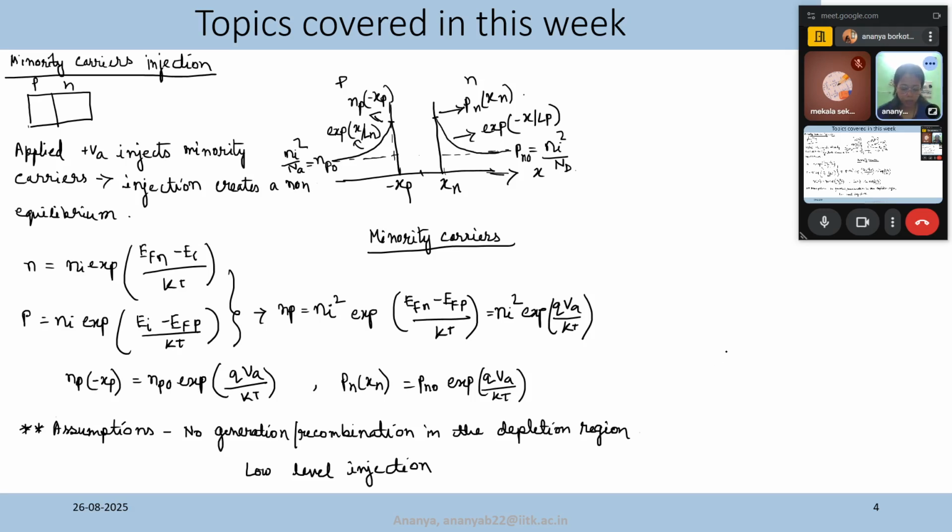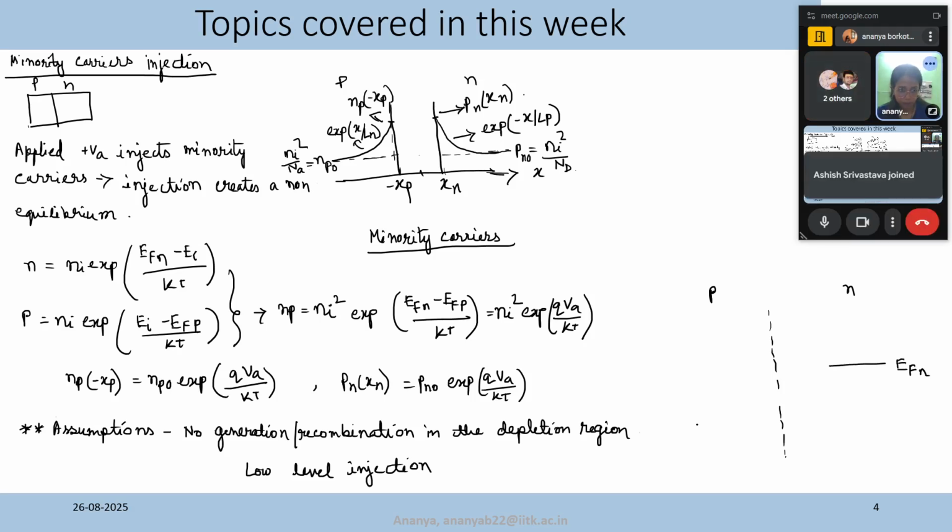Now I'll very briefly draw the energy band diagram again. This is in forward bias, and we will see how our Fermi levels vary. This is the p side, this is the n side. This is the n side, EFn, and this is the p side, EFp, which will decrease because we are applying positive bias.